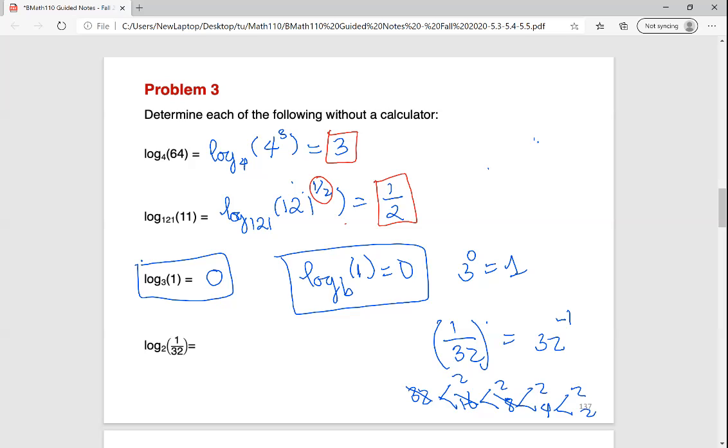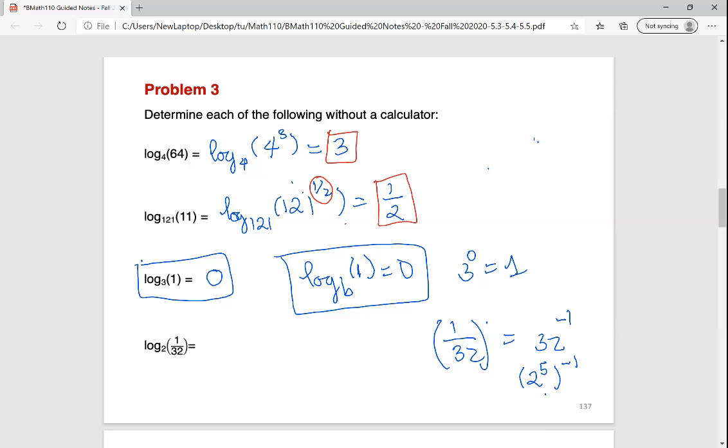So we have 1, 2, 3, 4, 5 number 2s, which means I can rewrite 32 as 2 to the power 5. So I'm going to rewrite this as 2 to the power 5 and raised to -1 outside here.